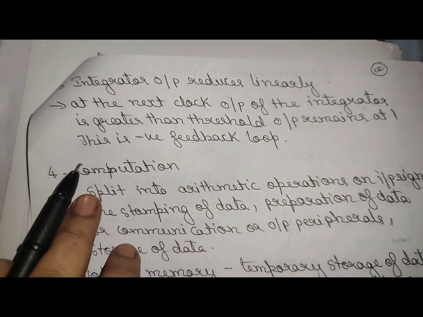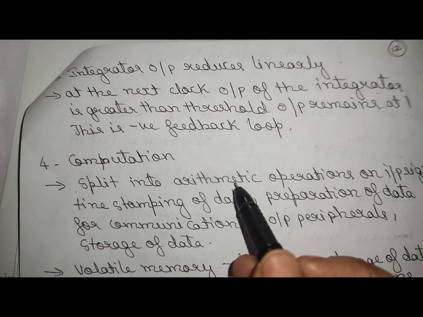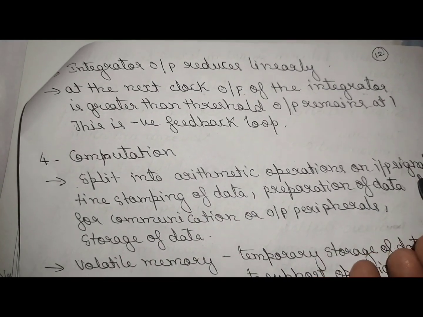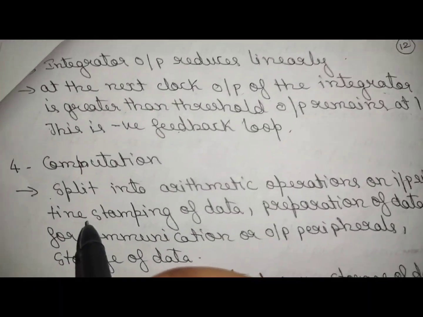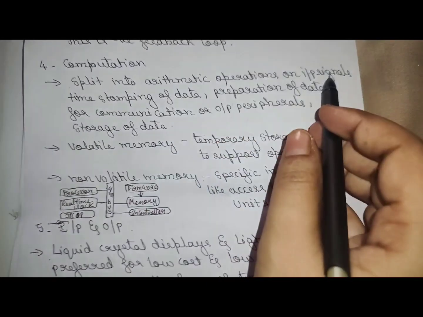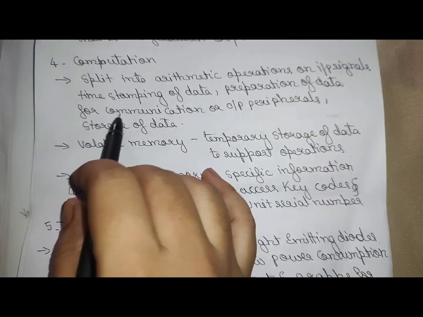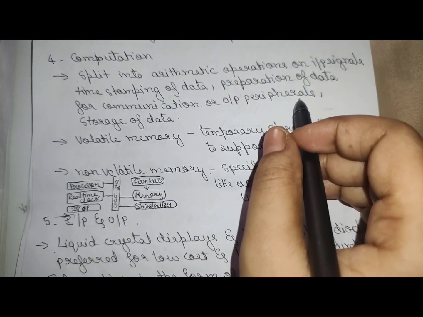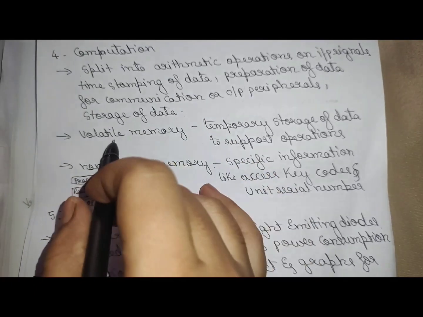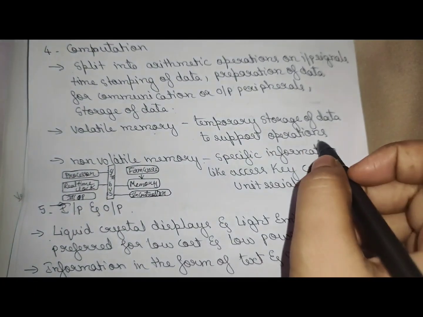Next is computation. Computation means splitting into arithmetic operations on input signals, time stamping of data, preparation of data for communication to the output peripheral, and storage of data. Volatile memory is temporary storage of data to support operations.